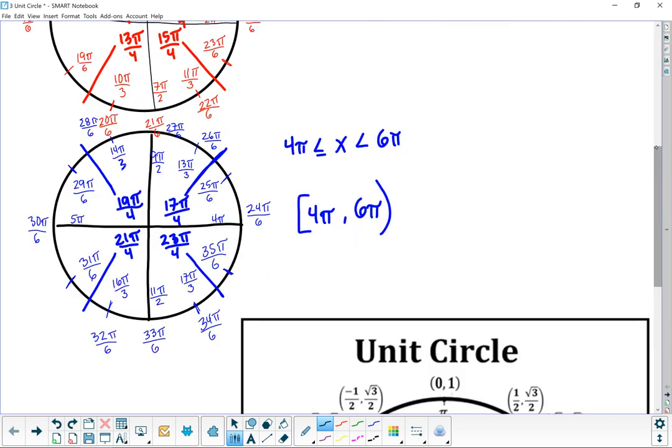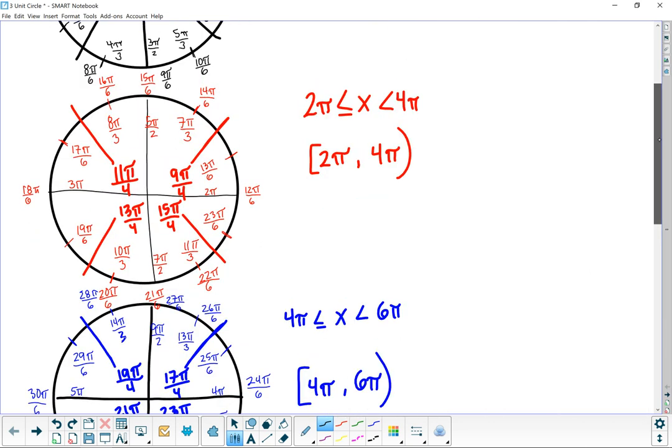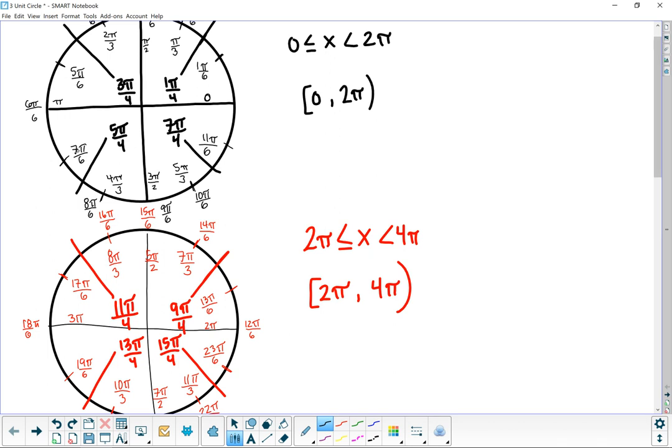So that means that I'll be looking right here, 7 pi over 6 and then 11 pi over 6. So that means that the second unit circle will be 19 pi over 6 and 23 pi over 6. So 7, 11, 19, 23.